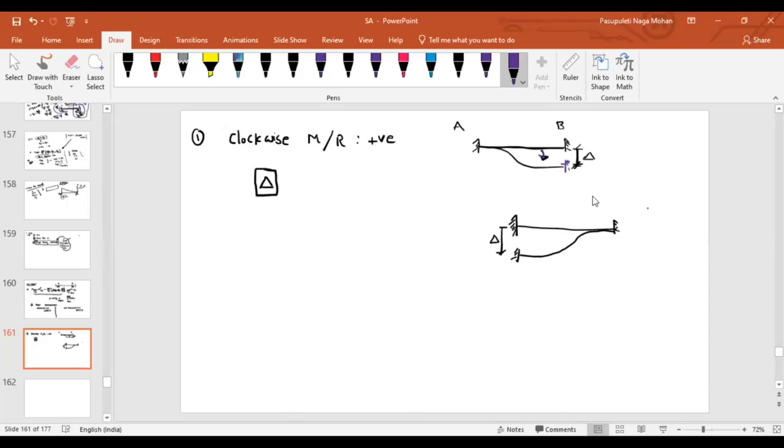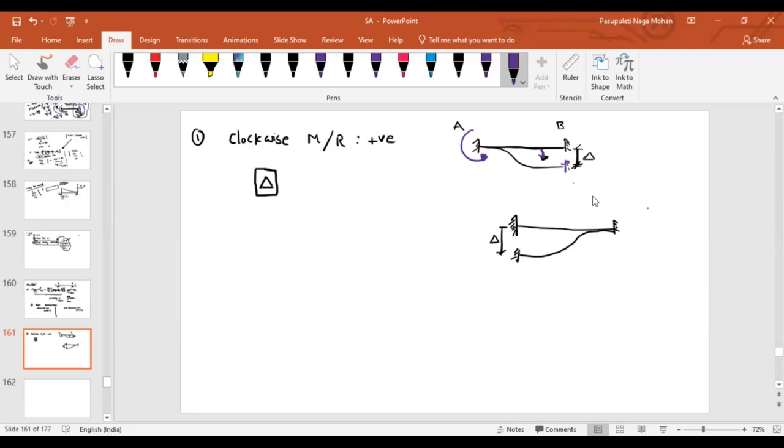Obviously if some rotation is happening in the clockwise direction, then what will be the resisting moment direction? It will be opposite to it. So by visualization, because the right side support is sunk by an amount delta, I can understand that AB has rotated in the clockwise direction. That means the resisting moment will always be in the opposite direction. What is the opposite direction? Anti-clockwise.